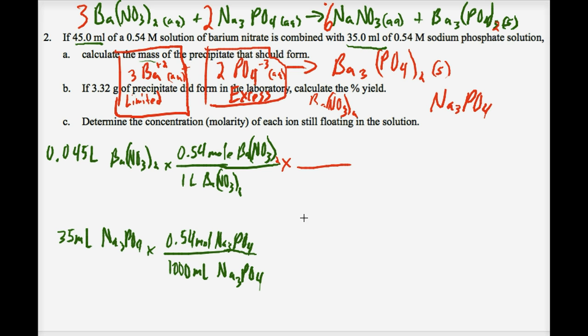There was a little 2 there that I erased. For every 1 mole of Ba(NO3)2, there are 2 moles of nitrate ion. That gives me the actual data to know how many moles of nitrate I have.